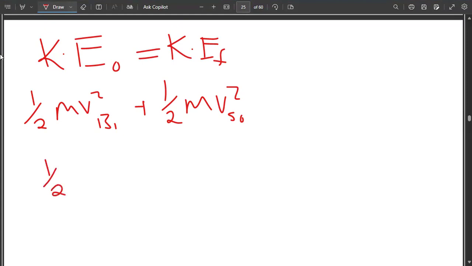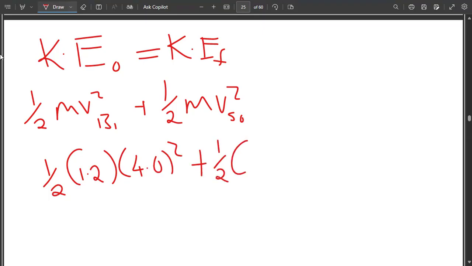I have half 1.2, then I have the initial velocity, which is 4.0 squared, plus half 3.6.